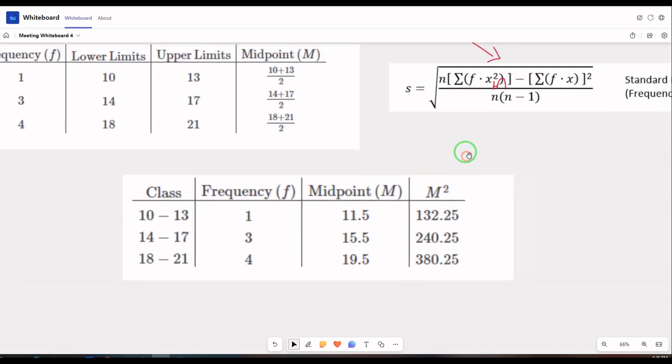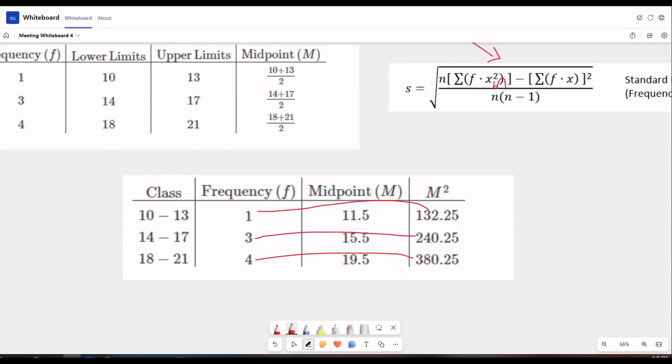But then I have to multiply each of these rows by its frequency, right? So 1 multiplied by this, 3 multiplied by this, 4 multiplied by this, and let's see what it comes up to.